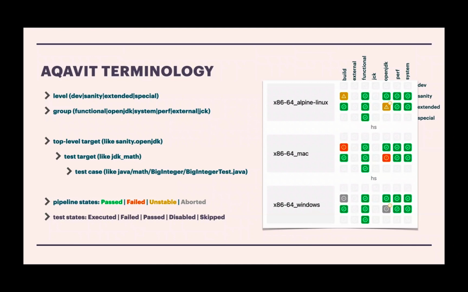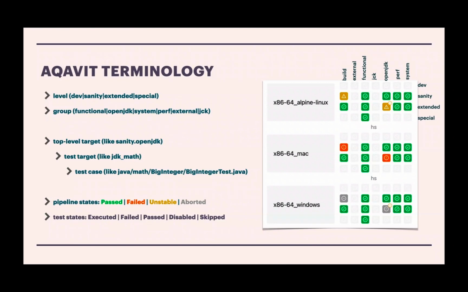System tests are broader integration tests and or load and stress tests. JCK represents the compliance suite that comes under the OCTLA. And in our TRSS instance that is public, we don't monitor our private server that runs these tests because we are not to share those results in detail publicly.